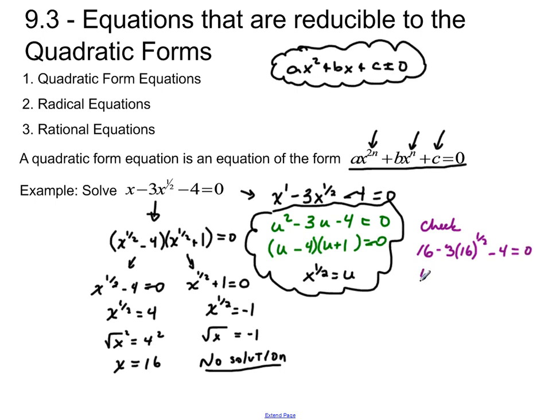Well, 16 minus 3 times 16 to the 1/2, which is the square root of 16, that's 4. Minus 4 becomes 16 minus 12 minus 4. And sure enough, 16 minus 12 minus 4 is 0, and so that expression works, and so our solution is x equals 16.